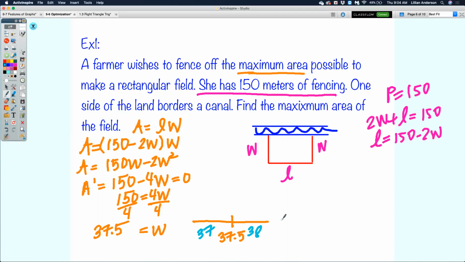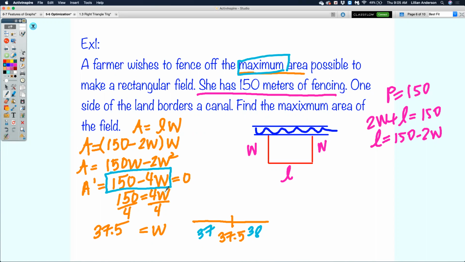So we're going to plug both of those values into the derivative. Remember, I'm not concerned about the number, I'm concerned about the sign. Because if this is indeed going to produce my maximum area, then it needs to go positive, then negative on each side of the 37.5.